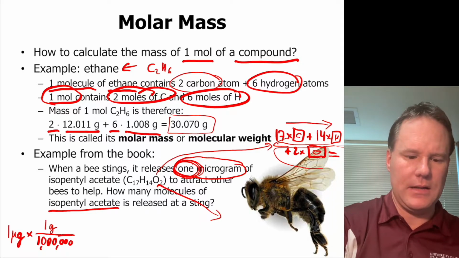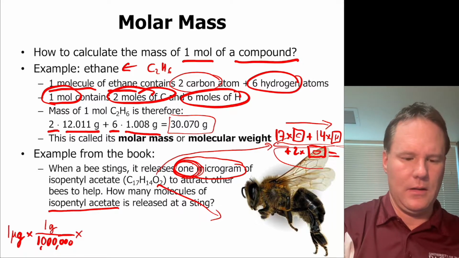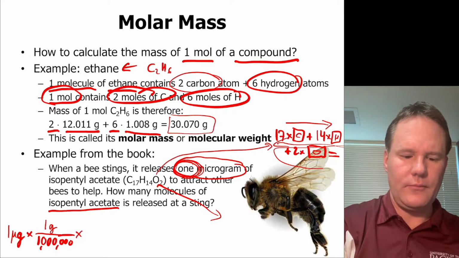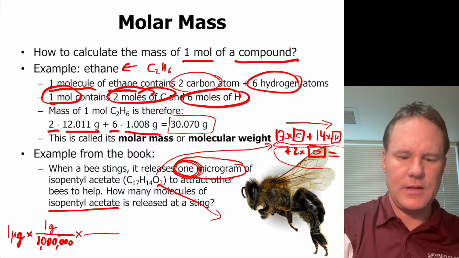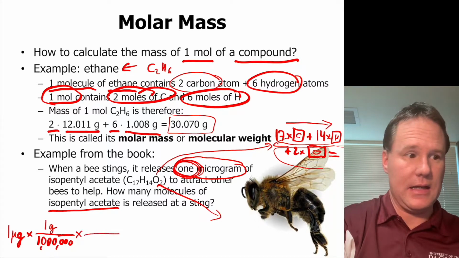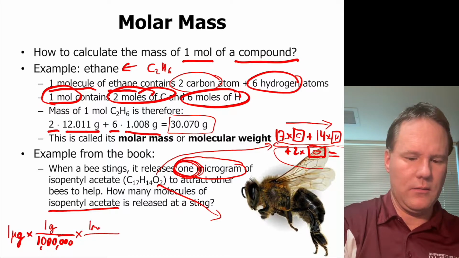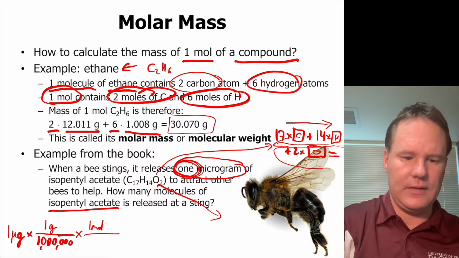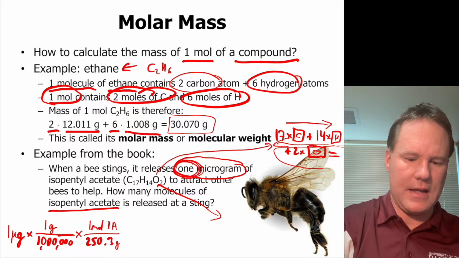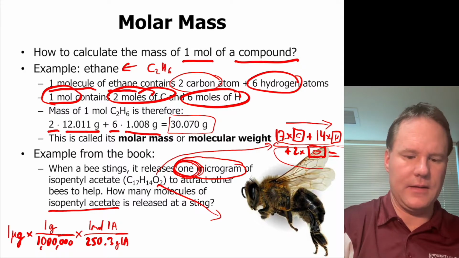And then you get the moles first by realizing that 1 mole of this isopentyl acetate, and just call it IA, is 250, let's say round it, 3 grams of isopentyl acetate.